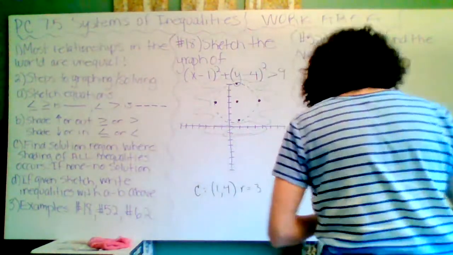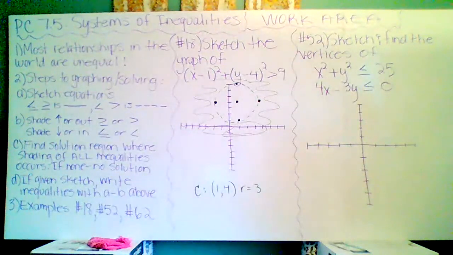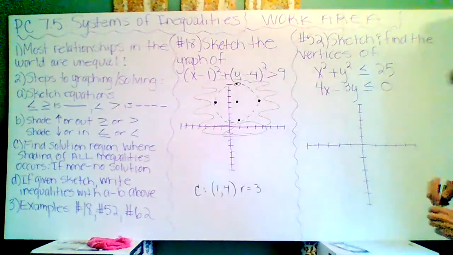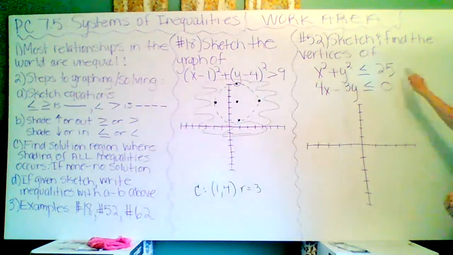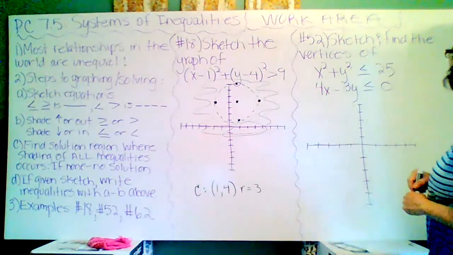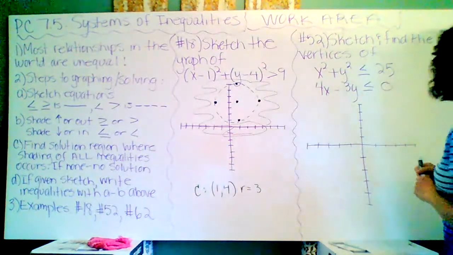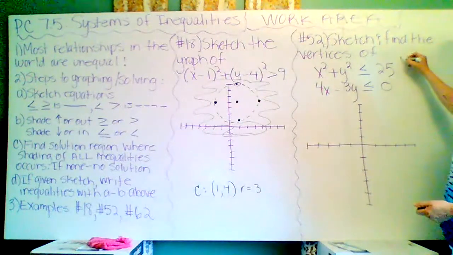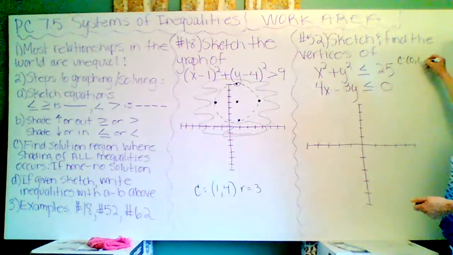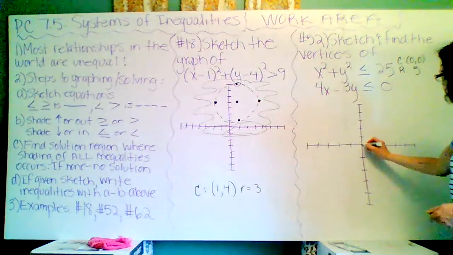Okay, how about number 52? We're going to sketch and find the vertices of. So we have a little system here. Notice that our first inequality is a circle with center at (0, 0) and a radius of 5, right? So let's go ahead and sketch that. Okay, (0, 0), radius of 5.